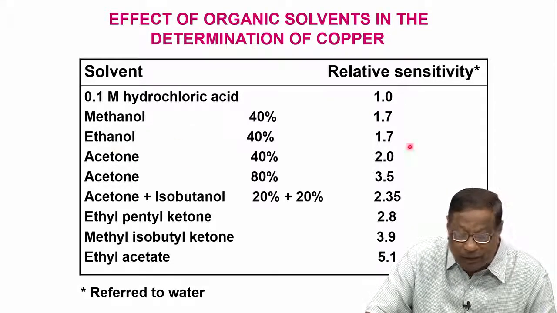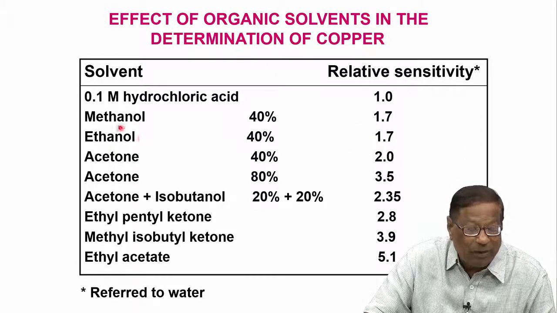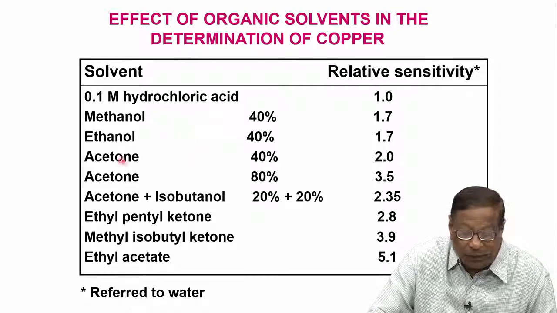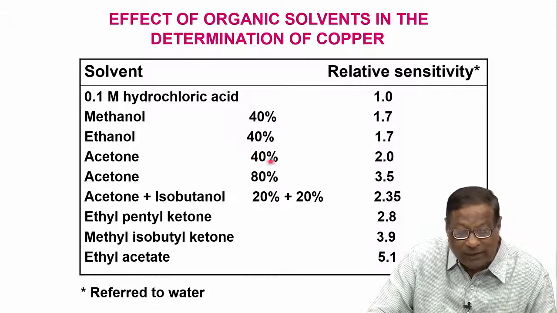Similarly, if I use ethanol, it is almost the same, 1.7, because it depends upon the density of the ethanol. Suppose I use acetone, which has a still lower boiling point than ethanol and methanol.